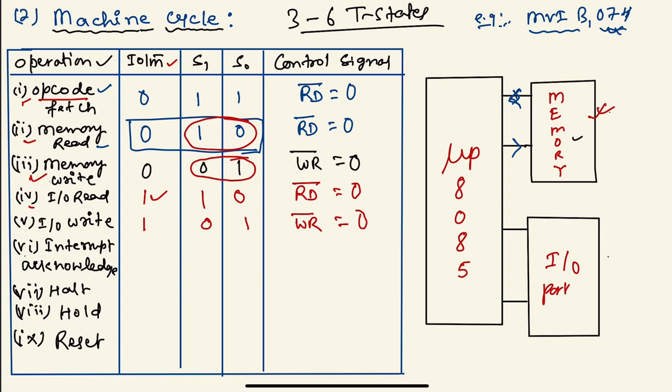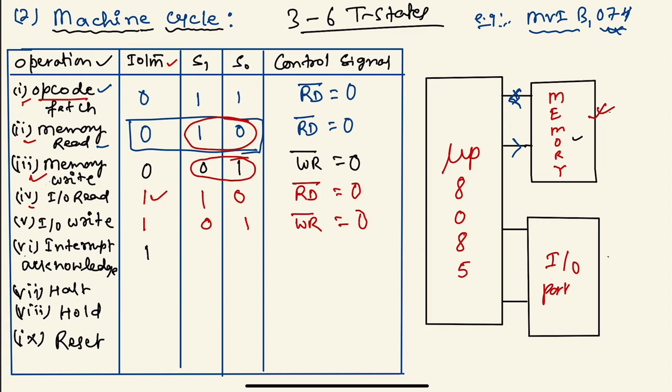Now the next is the interrupt acknowledgement. This kind of operation is dealt with whenever the microprocessor is dealing with the interrupt part; only then are these kinds of signals required. So for an interrupt acknowledgement, the status of this signal should be 1, because the interrupt is also similar to the IO operation.